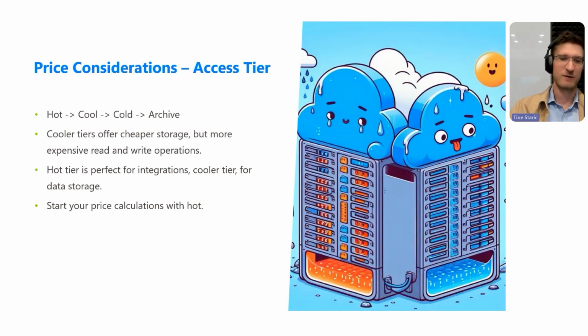But at that point, I really would invite you to invite the architects or the developers in your companies to help you with this price estimation, because it no longer is just a few clicks on the price calculator and you would get the correct estimate.